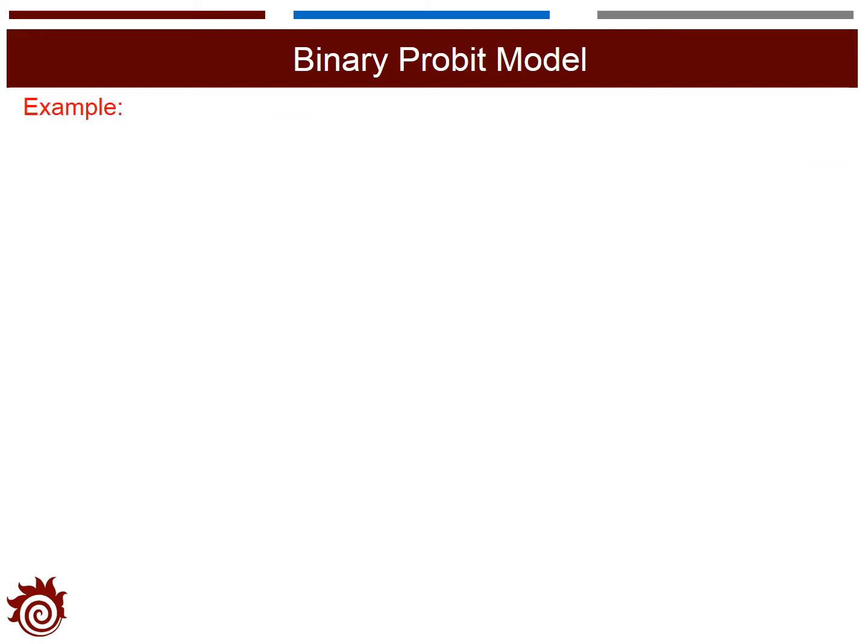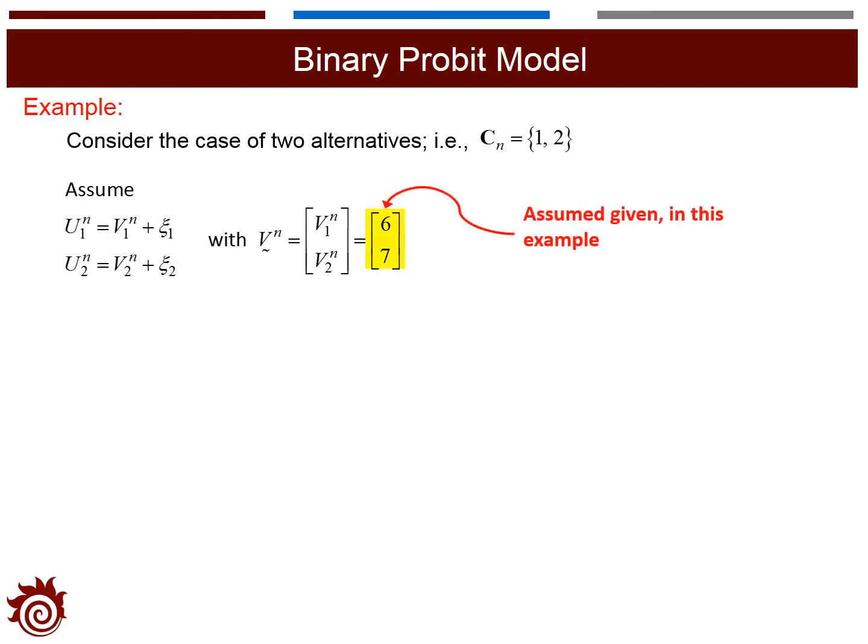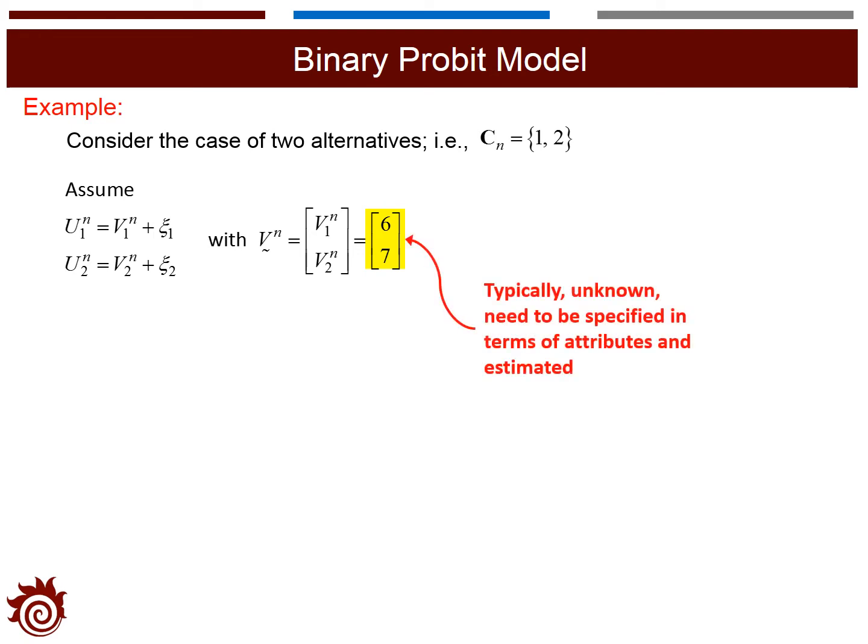Now let's see how we can use the binary probit model to estimate the choice probabilities. Assume that there are two alternatives, 1 and 2, and we have their utility expressions. The deterministic utilities for 1 and 2 are given as 6 and 7. In this example, we assume that the values are given, but in reality, they are usually unknown and have to be estimated through the attributes.